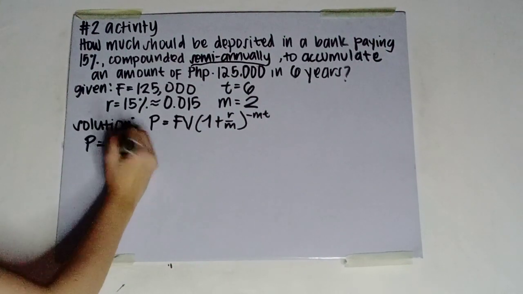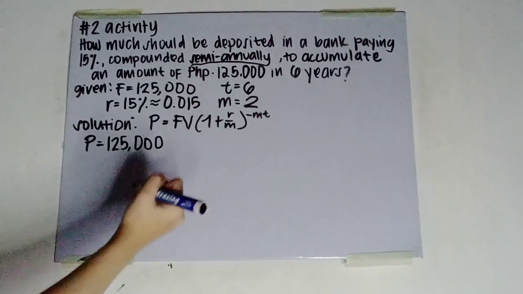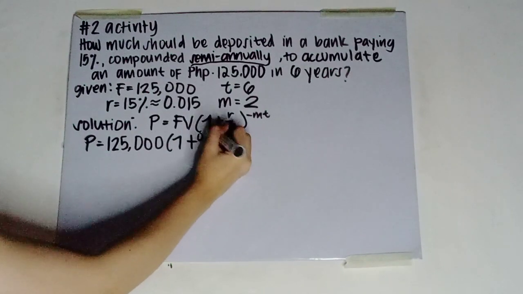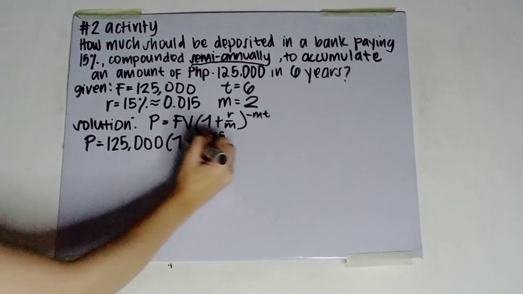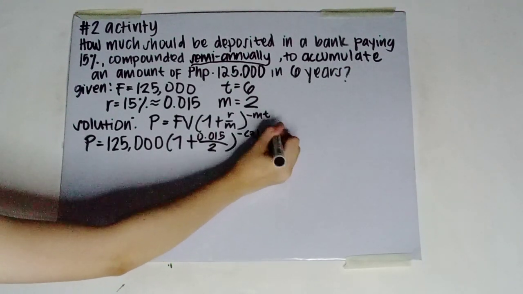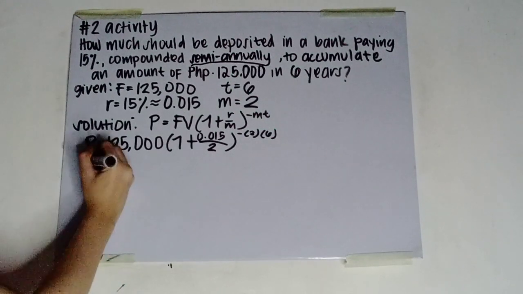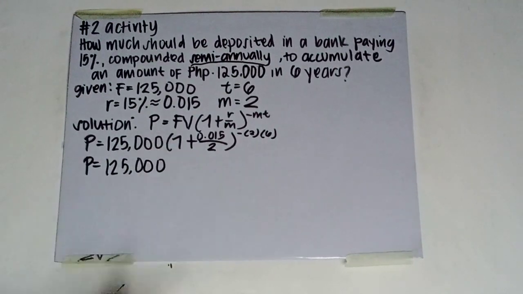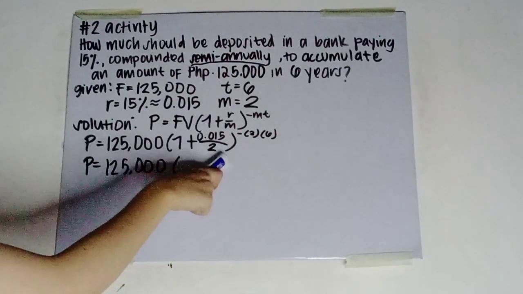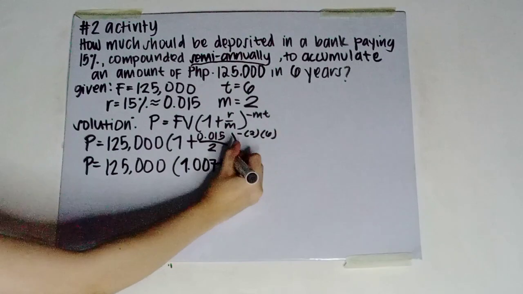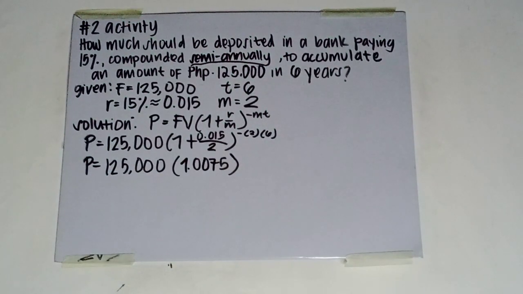Okay, so P is equal to 125,000 pesos times 1 plus 0.015 divided by 2, raised to negative 2 times 6. So 1 plus 0.015 divided by 2 is equal to 1.0075, and negative 2 times 6 is equal to negative 12.